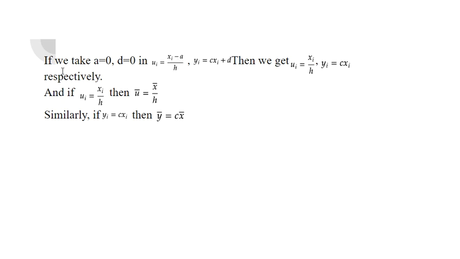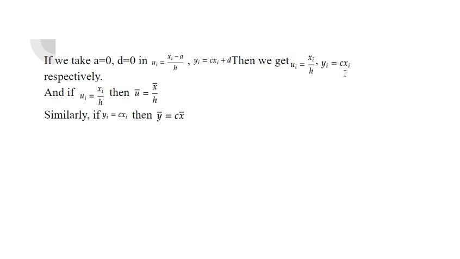Simply, I will take a equal to 0, and in the other equation I will take d equal to 0. So if we take a equal to 0 in ui is equal to (xi minus a) upon h, and d equal to 0 in yi is equal to cxi plus d, then we get ui is equal to xi upon h and yi is equal to cxi respectively.